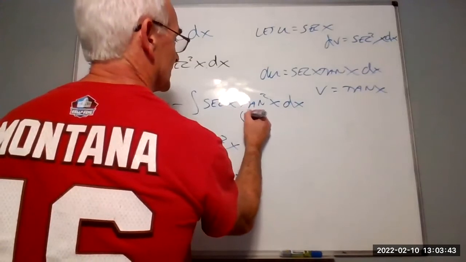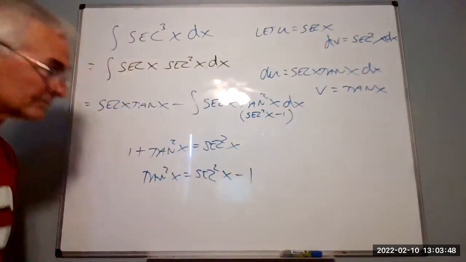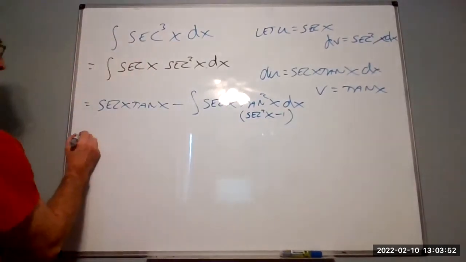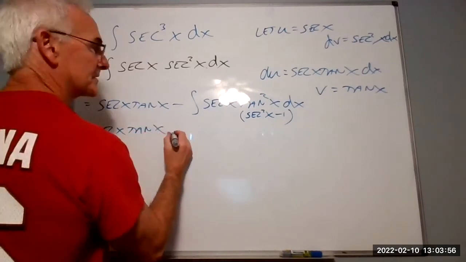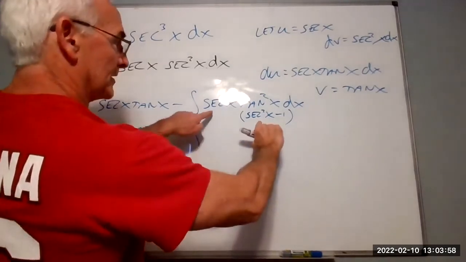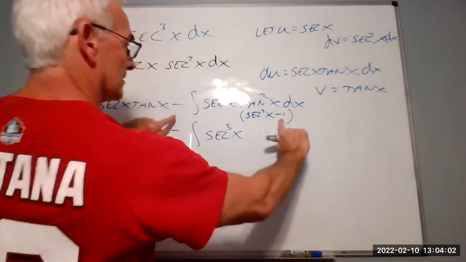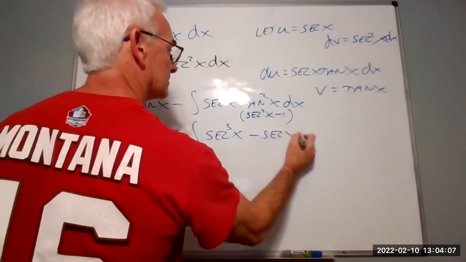So I'm going to replace this with secant squared minus 1. So now I've got secant x tan x minus the integral of, let's go ahead and distribute, secant cubed x minus secant x.